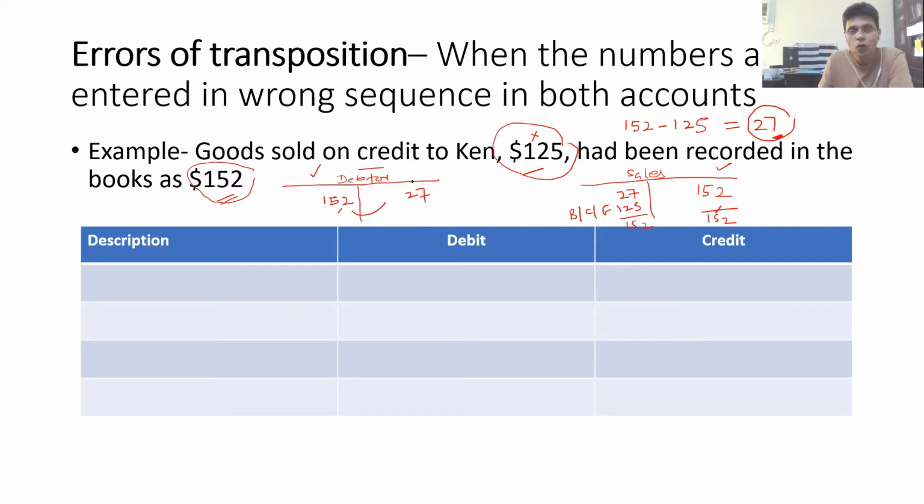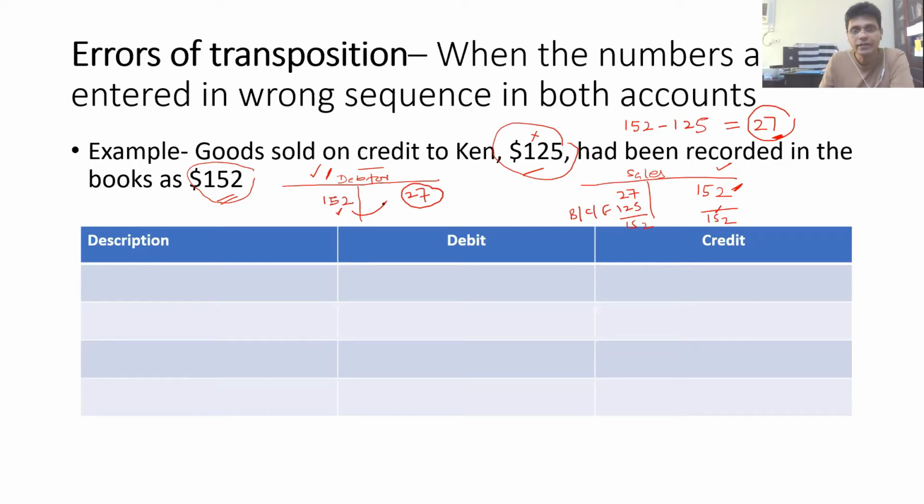Okay, so what we have to do is, since we have recorded 152, our debtor balance is more by 27 and our sales value is more by 27. So in order to rectify, you simply take the difference and reverse the entry.